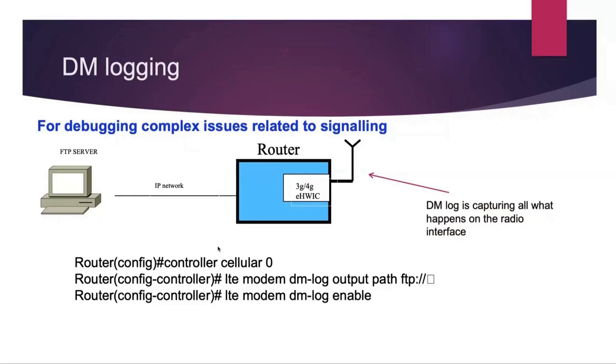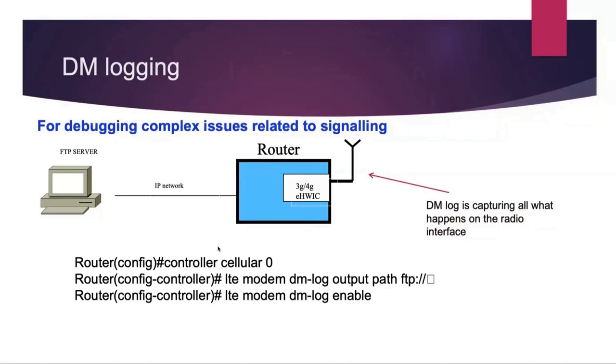Basically our modem sends out attach request packets, and from the other side, the ISP is supposed to send packets like attach accept to establish the connectivity, or if it does not, it will send you packets like attach reject. There are many other packets captured in the DM logs, like the PDN connectivity log, where PDN just means your session connectivity, or rejects coming from the ISP.